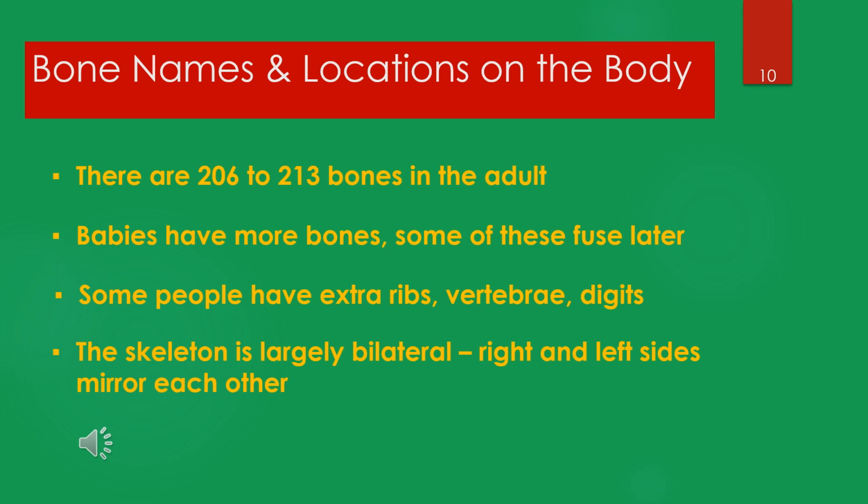These bones have the same name and are differentiated simply by adding the words right or left. Other bones, like the ribs and phalanges, have the same basic structure and are differentiated by right, left, and a number in sequence. For now, let's just take a whirlwind tour of the skeleton.